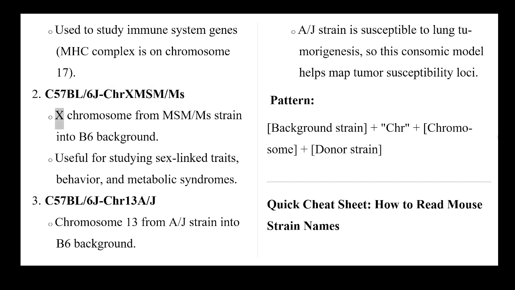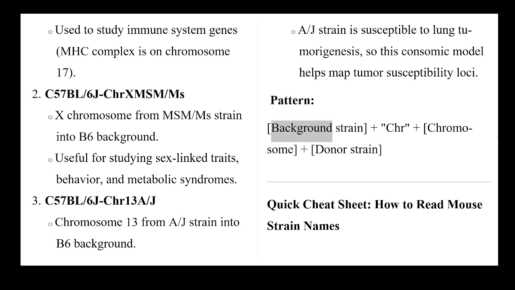C57BL/6JCHRXMSM/MS: X chromosome from the MSM/MS strain into the B6 background, useful for studying sex-linked traits, behavior, and metabolic syndromes. C57BL/6JCHR13A/J: chromosome 13 from the A/J strain into the B6 background. The A/J strain is susceptible to lung tumorigenesis, so this consomic model helps map tumor susceptibility loci.